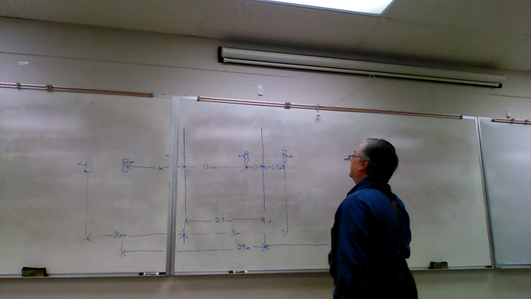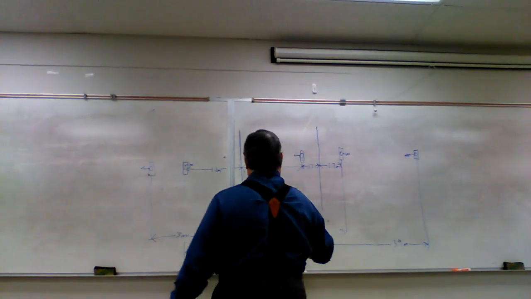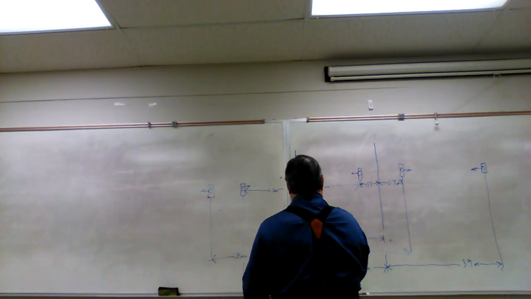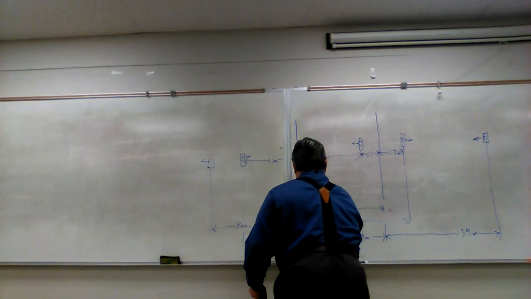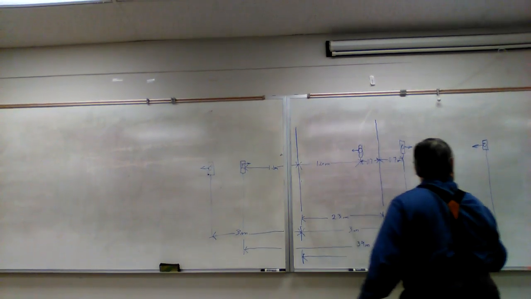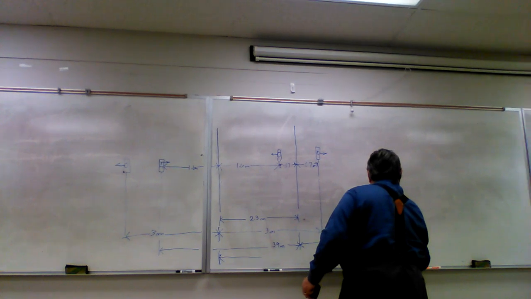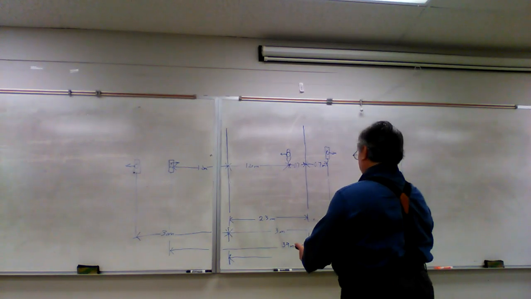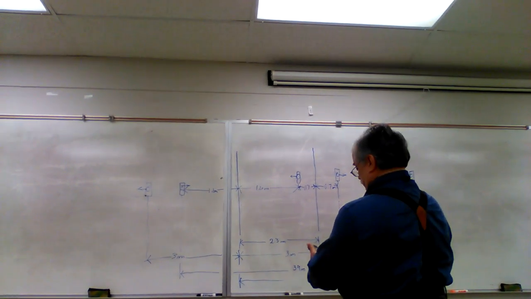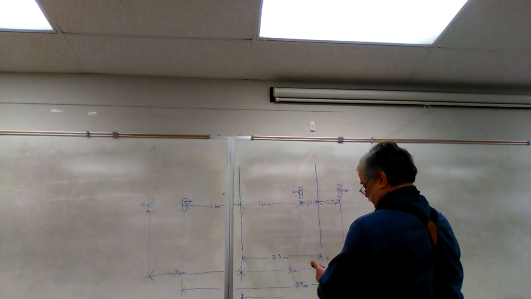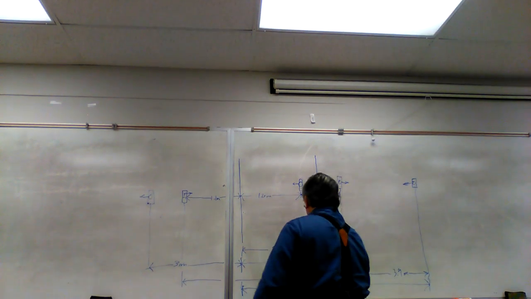Now that means that 3.9 plus 2.3 meters is 6.2 meters.